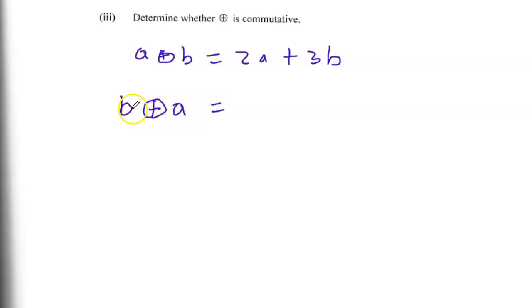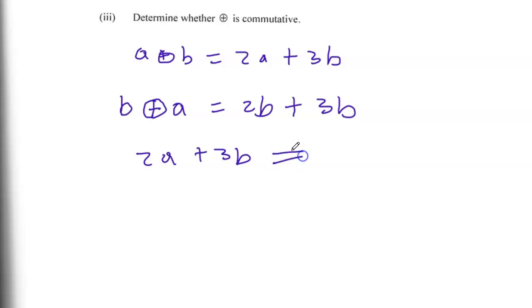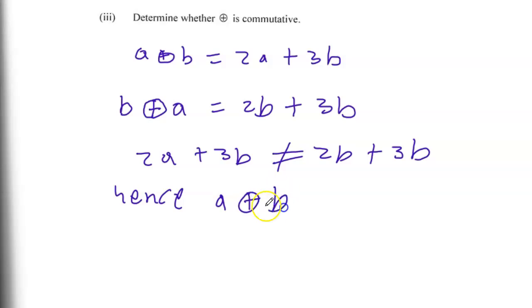The operation says multiply the first term by 2, so that's 2b, and the second term by 3, so that's 3a. So note that 2a plus 3b is not equal to 2b plus 3a. Hence, the order is actually important.